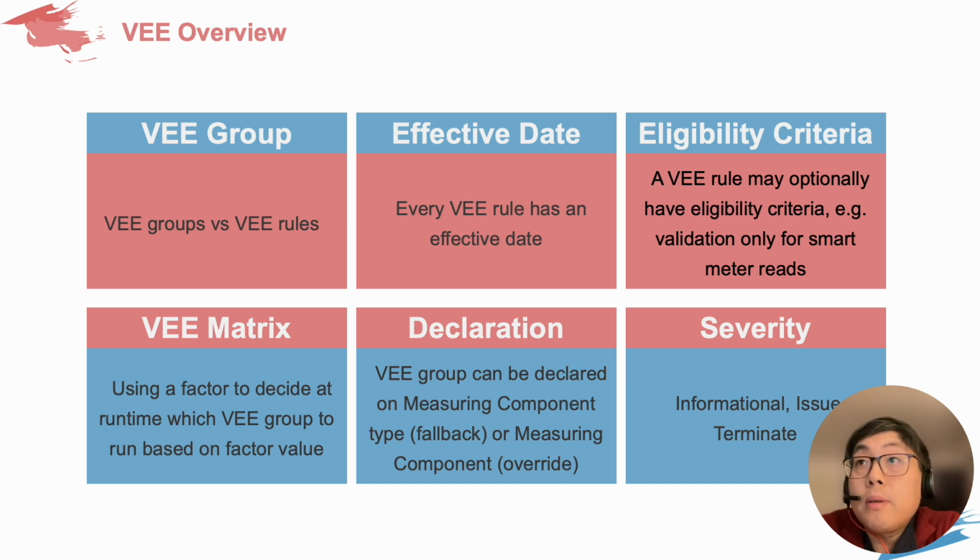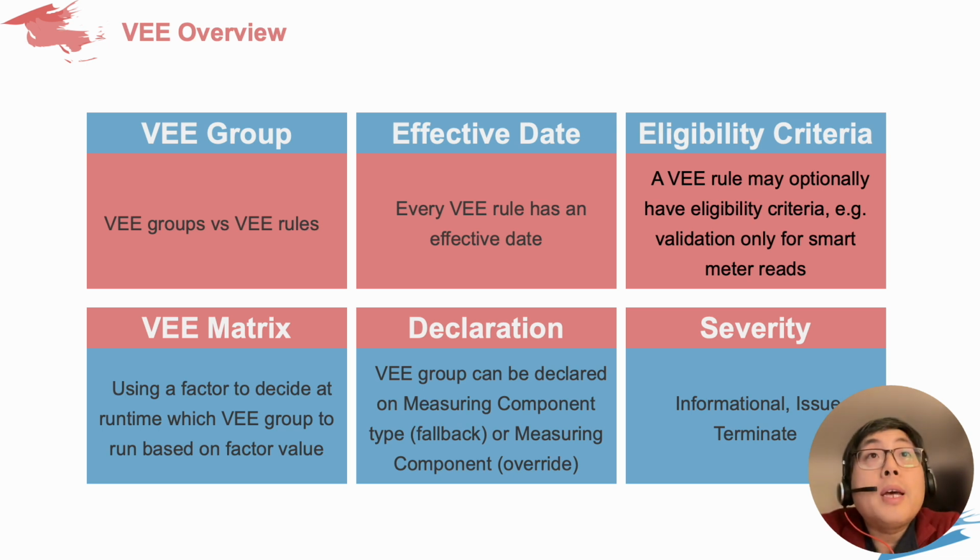If you have a measuring component set, let's say a half-hour interval measuring component, it could be a smart meter, it could be an AMR meter. Based on different device features, you potentially could have different rules for estimation, validation, etc. This is where eligibility criteria becomes really important, and that can make the difference in terms of which rule to run at runtime.